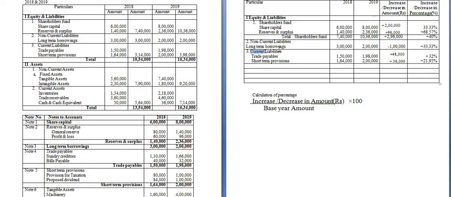Total current liabilities. Here we have not made a separate calculation once again for point number 2 because only one item is given.